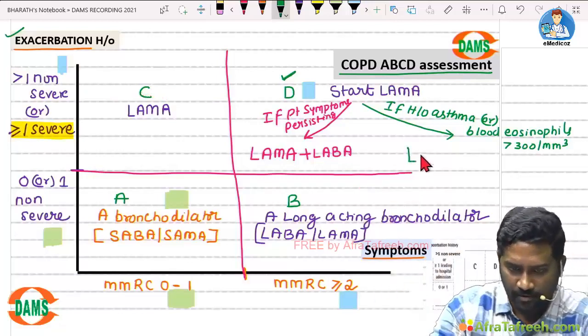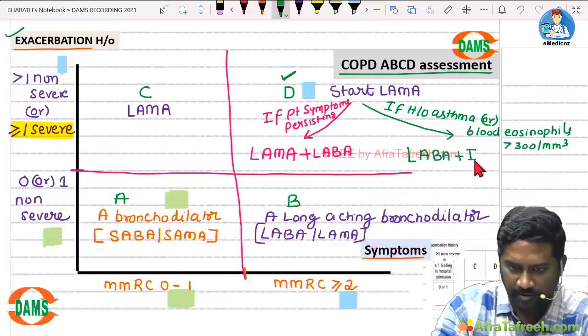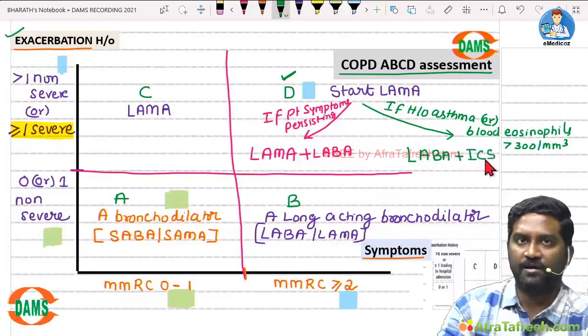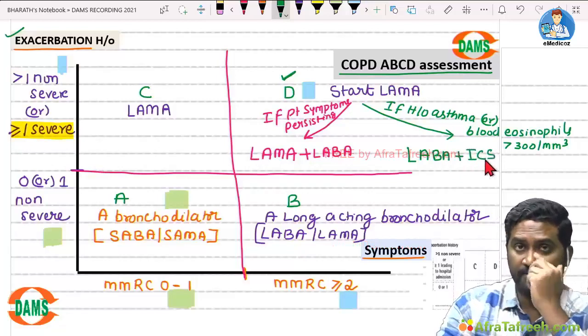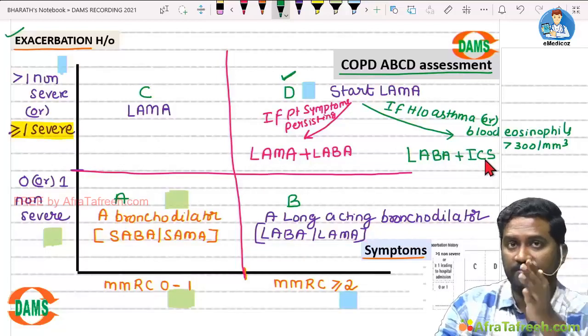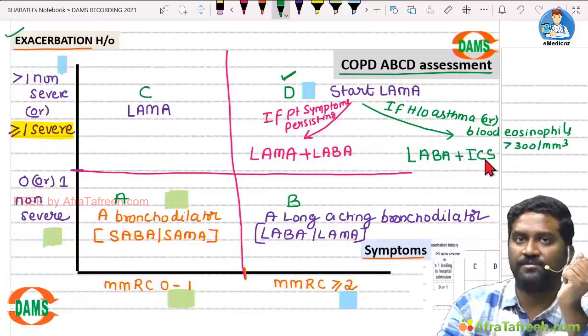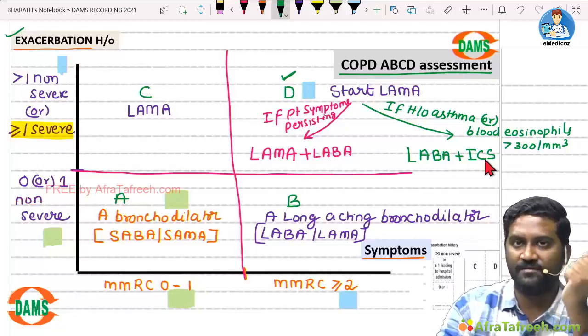So I am going to give the effective asthma treatment, that is the combination of LABA plus ICS. I am going to start LAMA. If symptoms persist, LAMA plus LABA. If there is a history of asthma or blood eosinophils are more than 300 per mm cube, here I am going to prescribe LABA plus ICS.